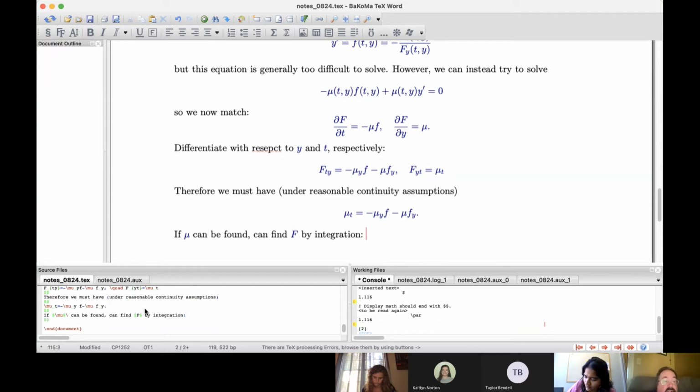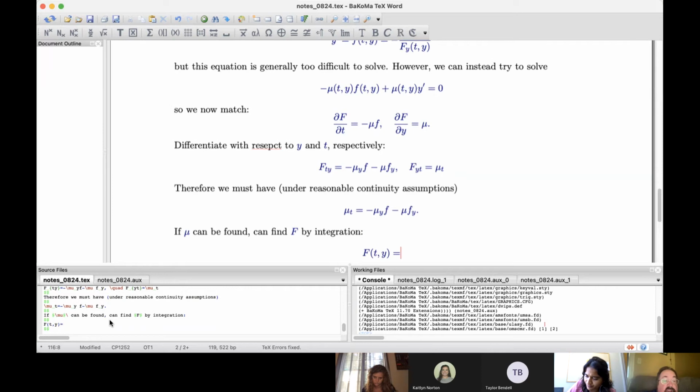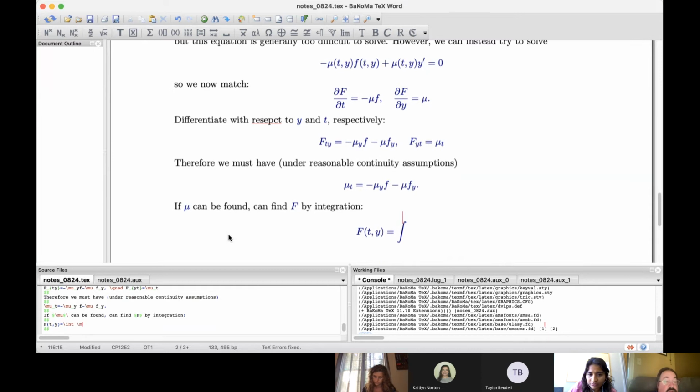So more specifically, what I would have is F would be the integral of mu with respect to y coming from this equation plus some unknown function that would be dependent only on t.